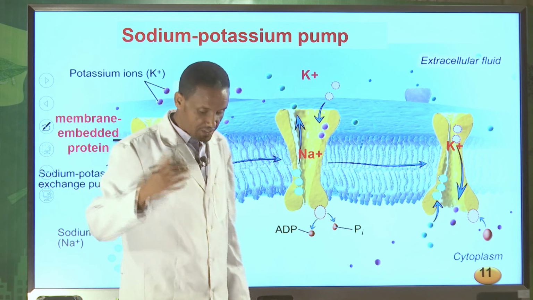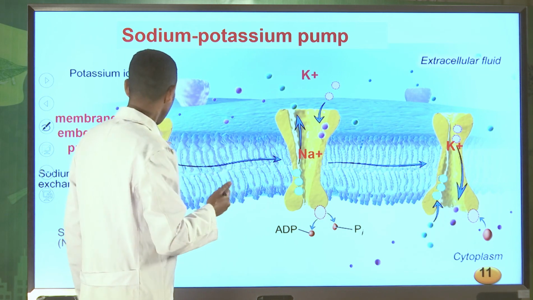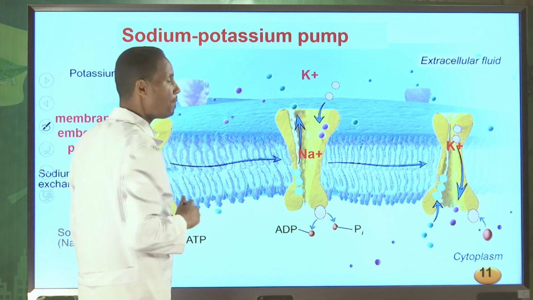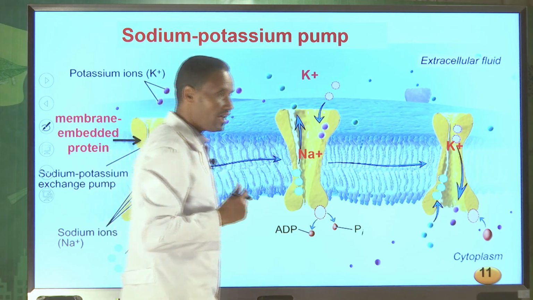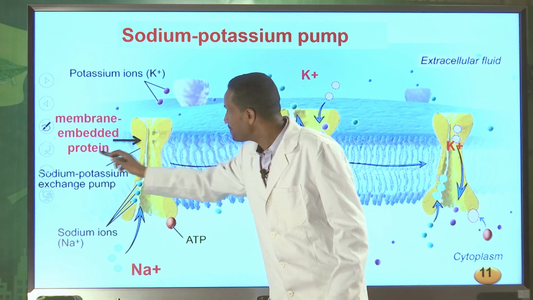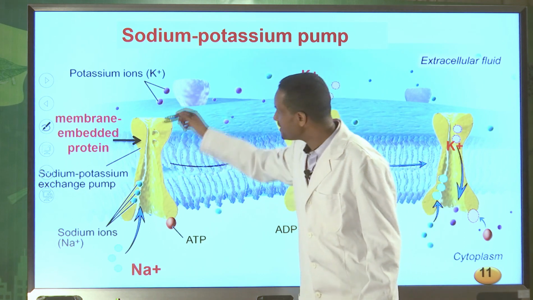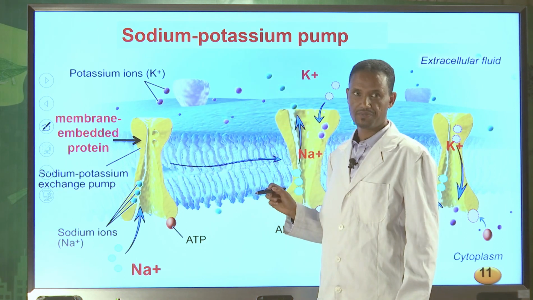Now, for normal nerve impulse transmission, the sodium ion has to be pumped out of the cell, and the potassium ion has to be pumped into the cell. But this process is energetically unfavorable. Therefore, the sodium-potassium pump works through the membrane embedded protein, look, this yellow one, which is a protein embedded in the cell membrane.